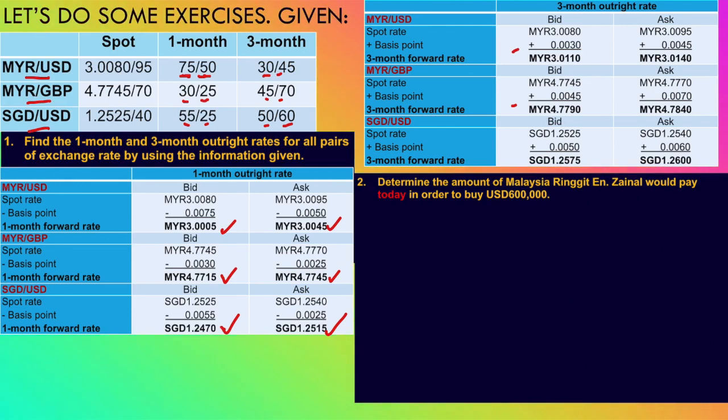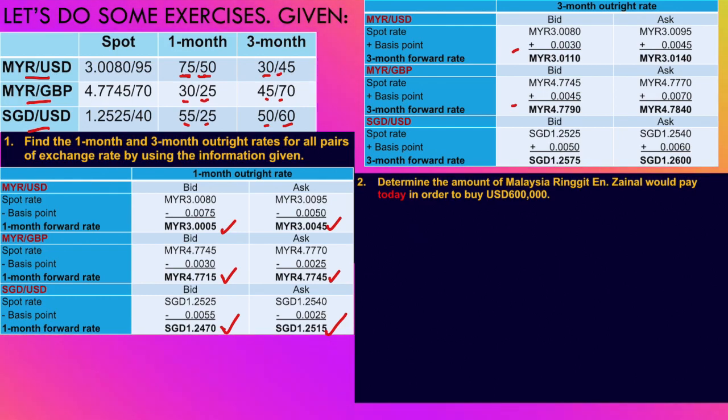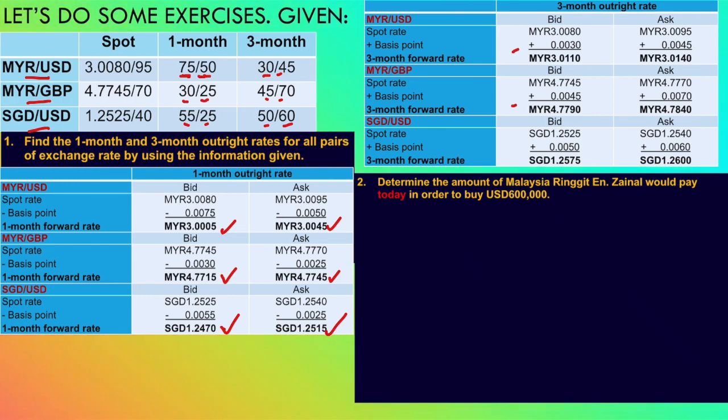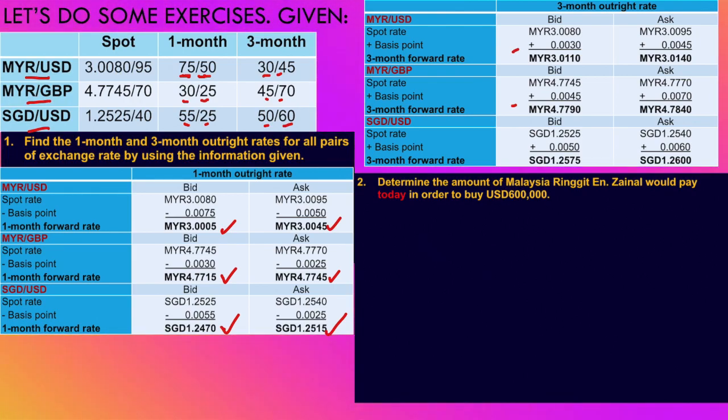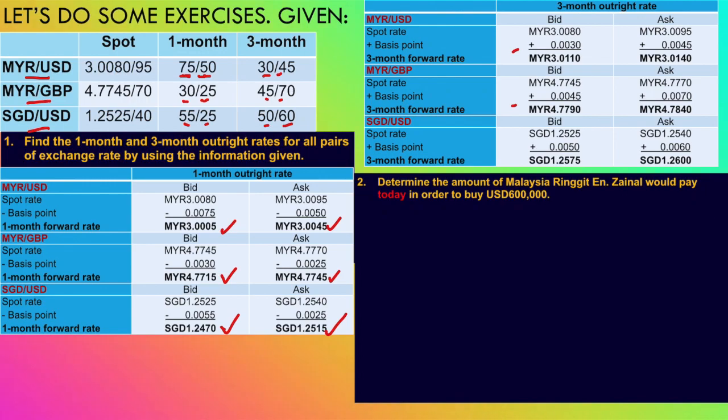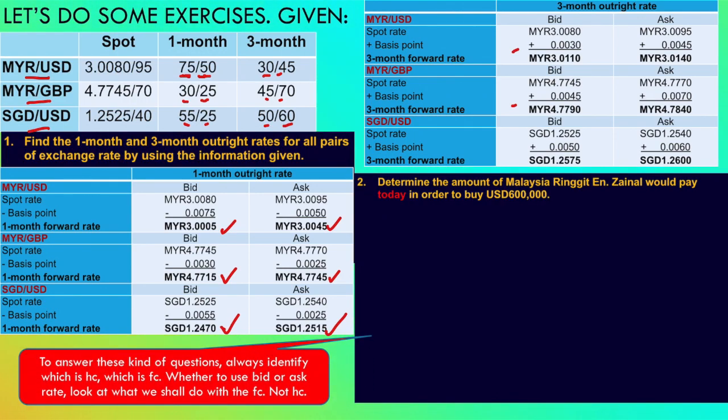Okay, the second question. Determine the amount of Malaysia ringgit Encik Zainal would pay today in order to buy 600,000 US dollar. To answer this kind of question, always identify which is home currency, which is foreign currency.